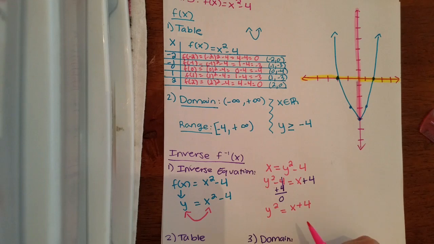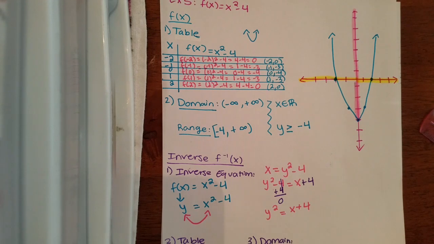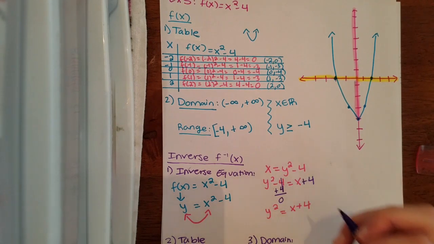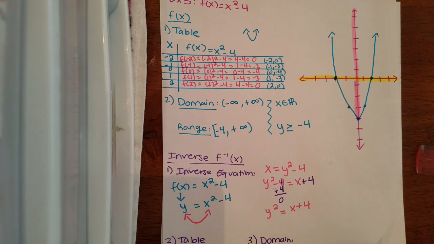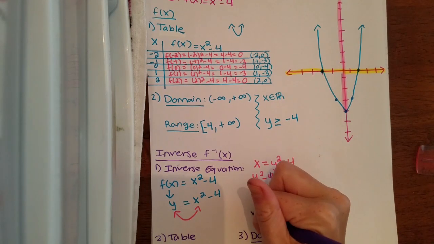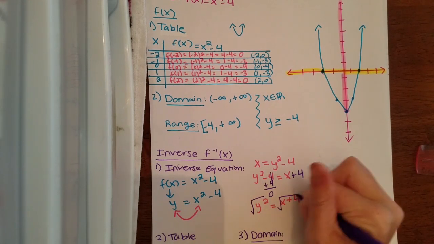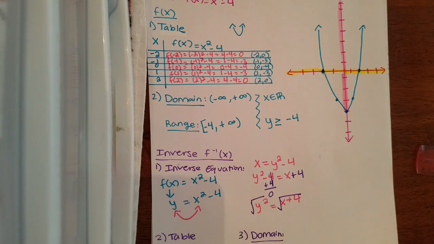Okay guys, we're so close to getting y by itself, but currently that squared is getting in the way. Silly squared. So the way that we undo a square, if you remember from the previous example, example 3 I think it was, is to square root it. You square root both sides, like that.